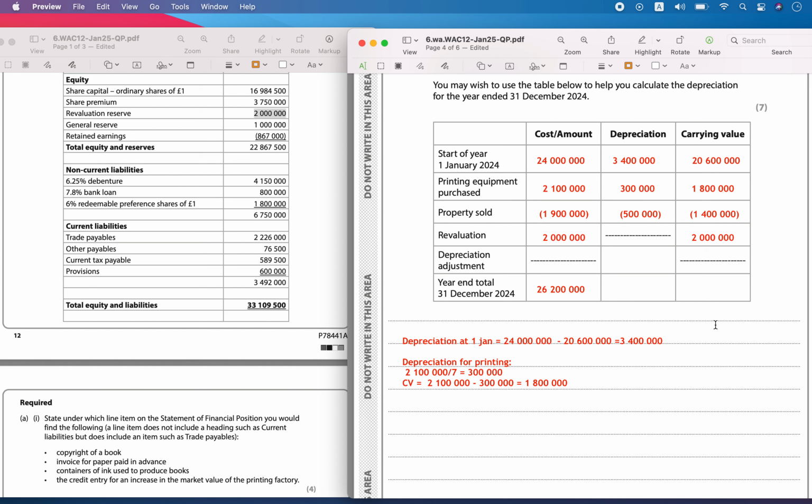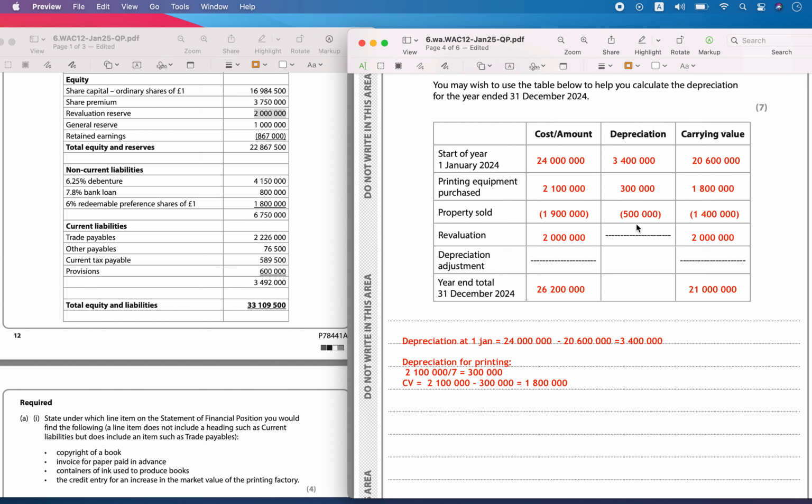Then let's add up the carrying value at the end. So 20.6 plus 1.8 minus 1.4 is going to be equal to 21 million. Now let's write the depreciation.